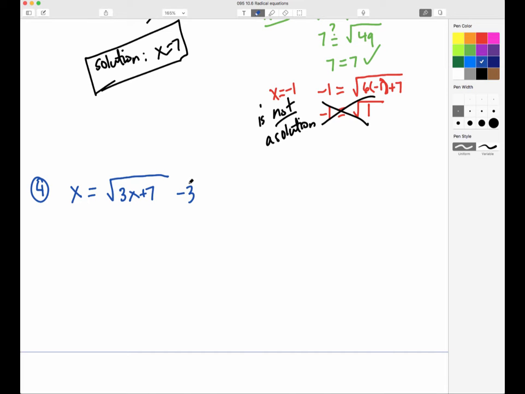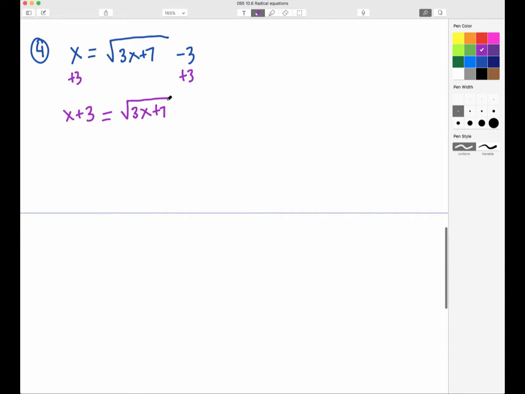So our first step is to isolate our radical. So that means we need to add 3 to both sides so that the radical is all by itself. X plus 3 is equal to the square root of 3x plus 7. All right, now our radical is isolated over there on the right side.